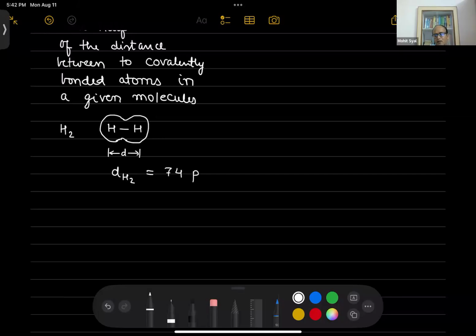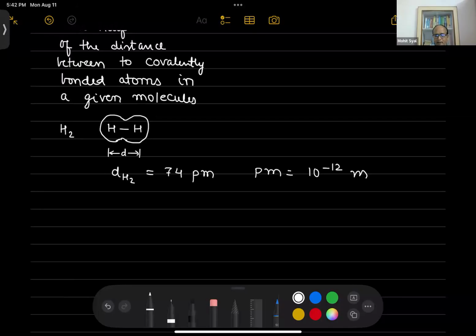What is a picometer? It's a very small value, 10 to the power minus 12 meters. Because we are measuring atoms, they are going to be very small, and the distance is also very small. So this comes out to be 74 picometer.